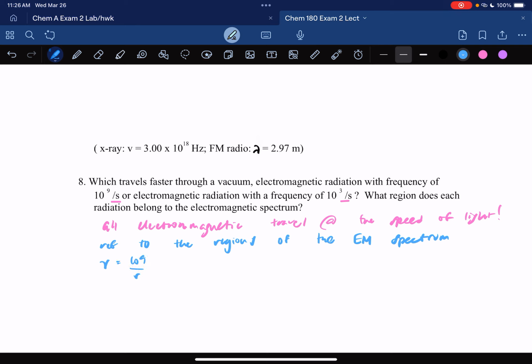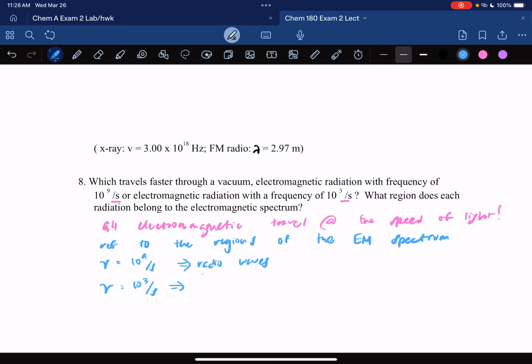So it's radio wave. Radio wave has the long wavelength and small frequency, also the same.